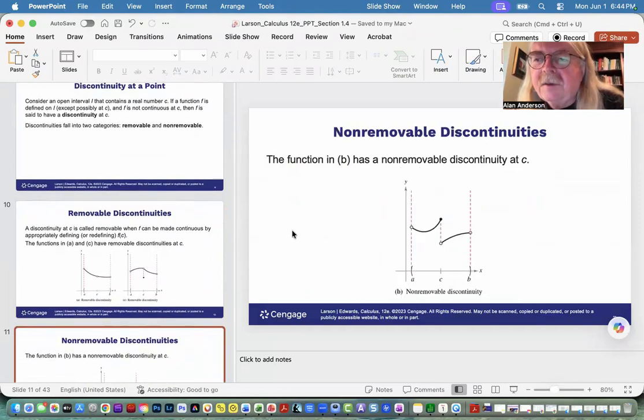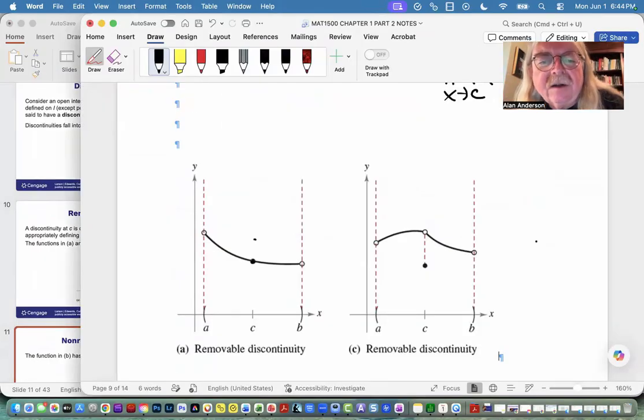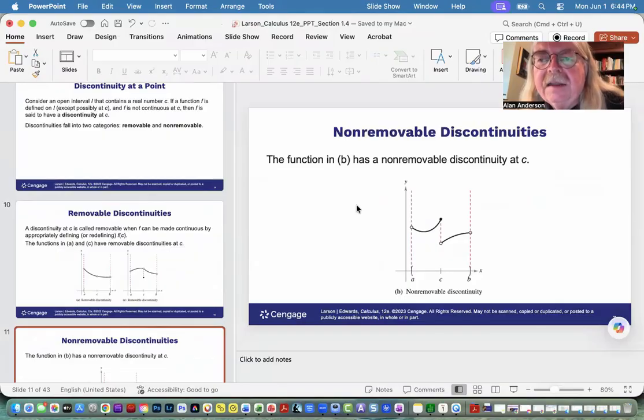This one, there's nothing we can do about it. We can't bridge the gap, so to speak. But here we can apply a point here, and here we can just move it up to the hole. So in other words, by redefining the function, we can get rid of this discontinuity, whereas here it can't be done.